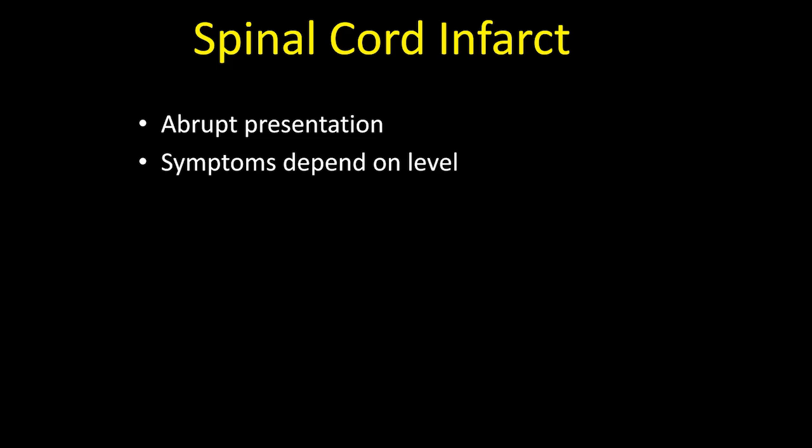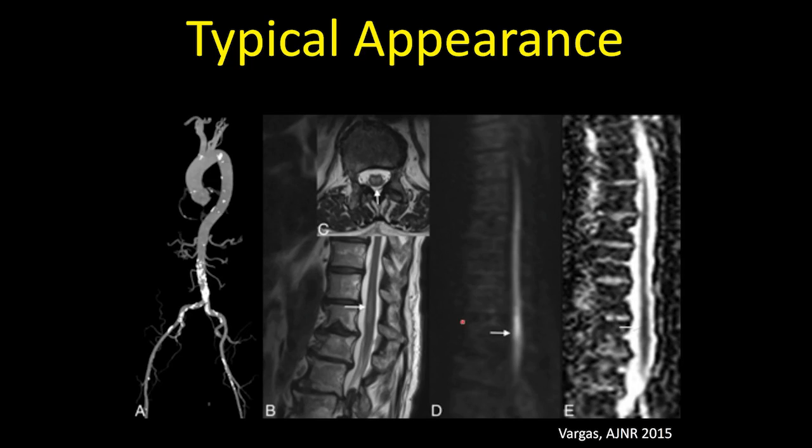Sometimes we also have to remember that a spinal cord infarct can present with back pain. The typical appearance on imaging will be a slight hyperintensity on T2, usually of the anterior aspect of the cord, sometimes with this owl's eye appearance.